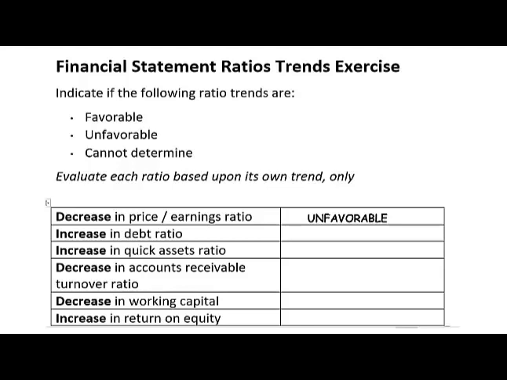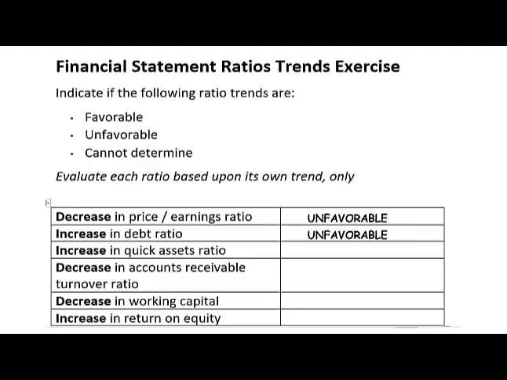Assuming that a company takes on a lot of debt, they do have to pay that debt back over time. And if the company suffers an economic setback and a decrease in their earnings or revenue, they're going to be less likely to pay off any increased debt. So in this case, an increase in the debt ratio would be unfavorable.